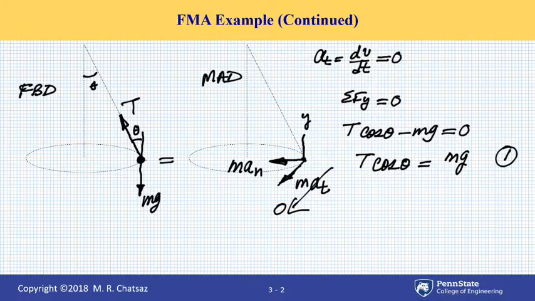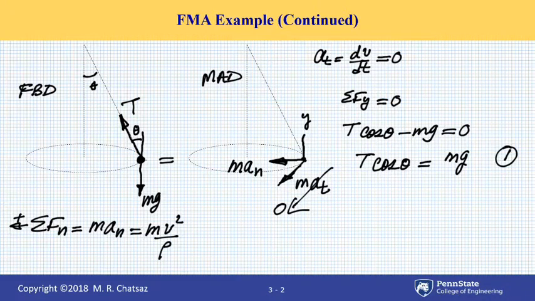Now I can write a second equation in normal direction. Net force in normal direction equals to m a_n. Let's choose positive to agree with the direction of a_n, and recall from kinematics that a_n is v squared over radius of curvature.